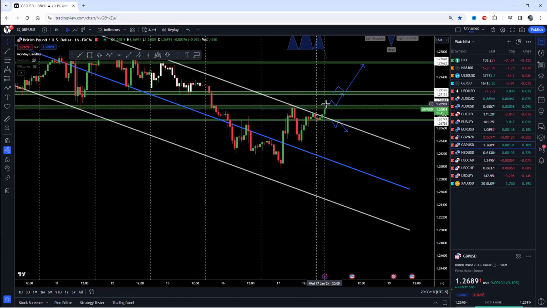If we break above this bearish engulfing candle, we know where we're going to take a sell right here, because we want it to drop back into the zone. If it breaks below this point, we have broken back below a bullish engulfing candle, broke below a horizontal line, support zone. We have broken below this actual trend of our parallel channels.